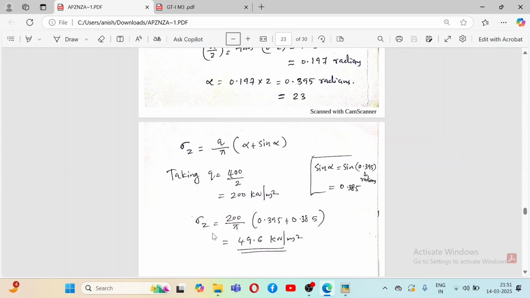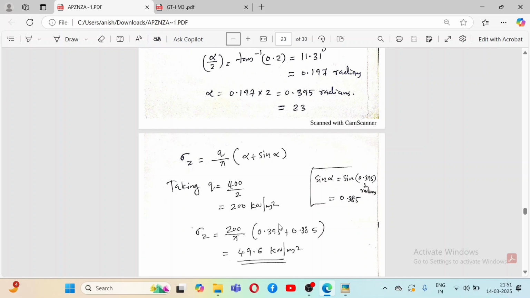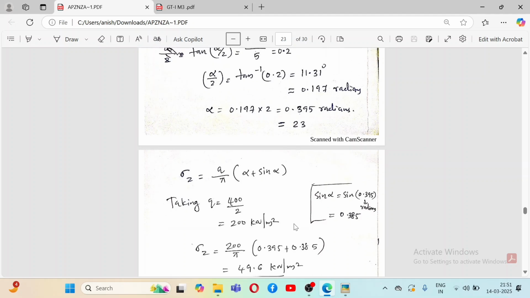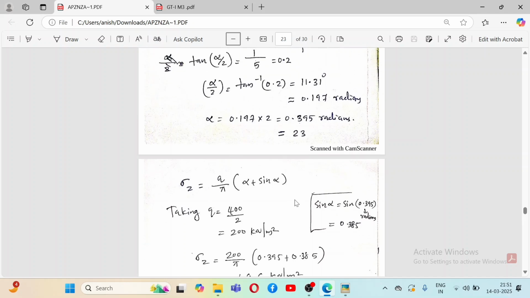And then you can directly apply sigma z is equal to 200 divided by pi multiplied by 0.395 plus sine alpha. What is sine alpha? 0.385. Okay, so you get the answer as 49.6 kilonewton per meter square.